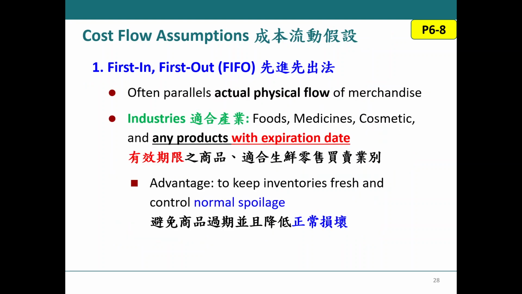So this method suits companies with food, medicine, or any products with an expiry date, 有到期日. Of course, you hope to sell them first because you are afraid your inventory will expire. So this kind of company will choose first in, first out, FIFO.